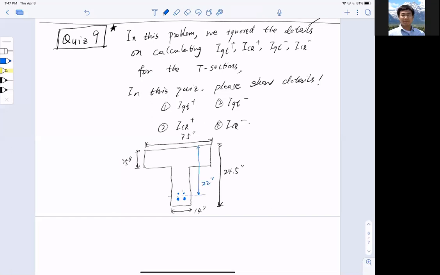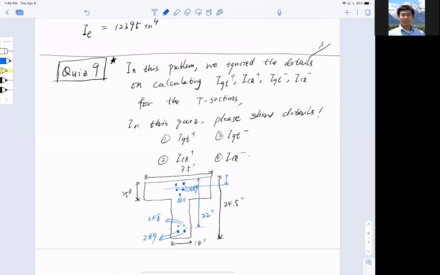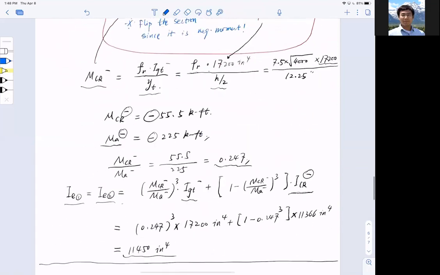These are 2 number 8, and these are 2 number 9. And for the top, I have 4 number 9s and 1 number 11. So 1 number 11 and 4 number 9. And for the distance here, let me make sure I have a distance here. Sorry, give me 1 second.